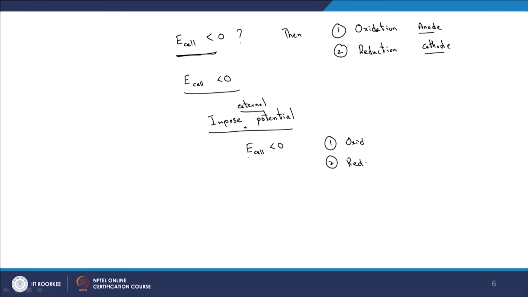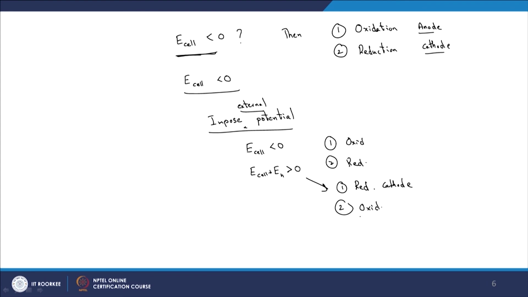By imposing this external potential, I can see to it that Ecell plus the external potential that I am applying will turn out to be 0, and in that case you are going to have reduction at electrochemical cell 1, which will then act as the cathode, and oxidation here.